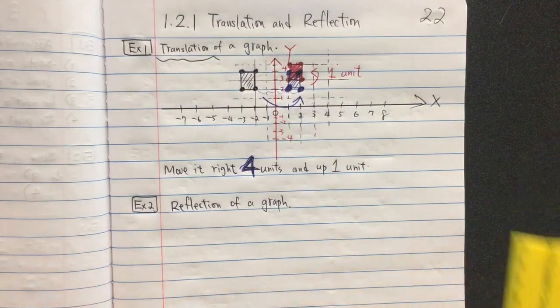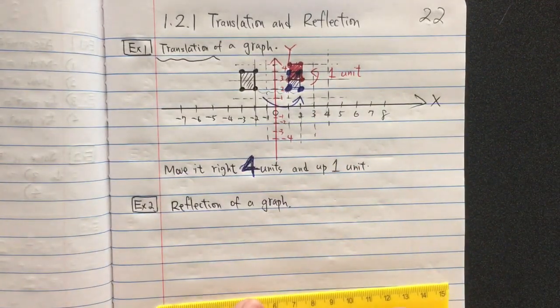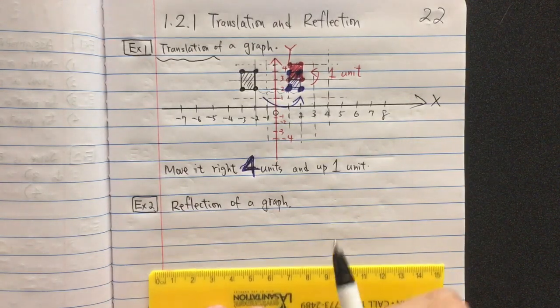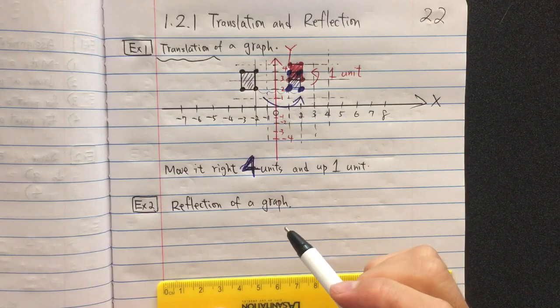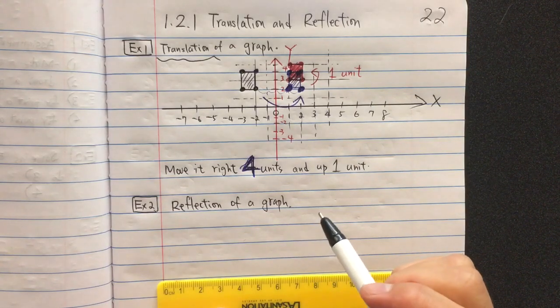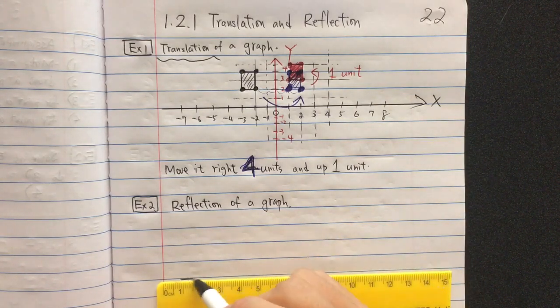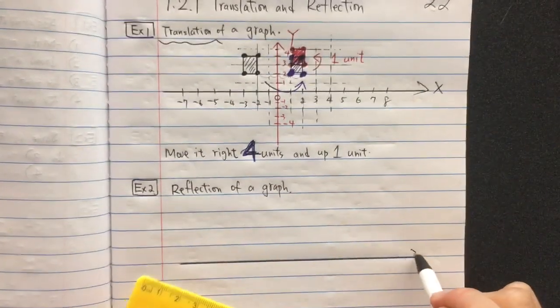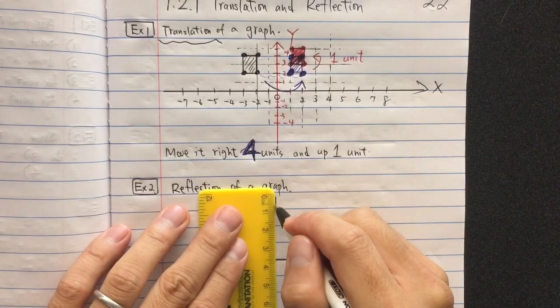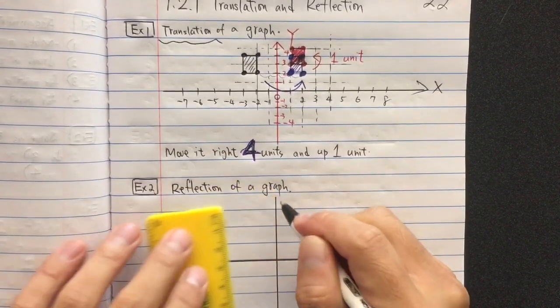But same thing, we still need to make the coordinate plane. So again, make a coordinate plane here, with the x-axis and y-axis.